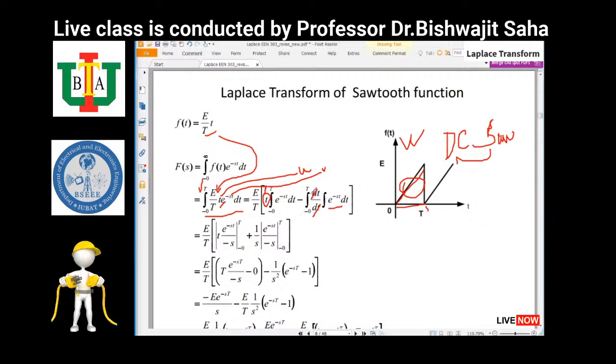So again we are doing integration, so again it is e to the power minus st divided by minus s, 0 minus to T.